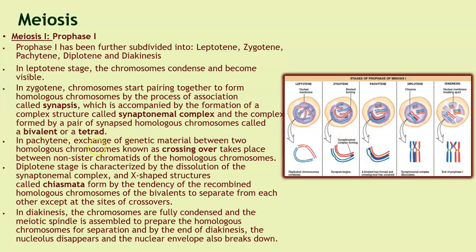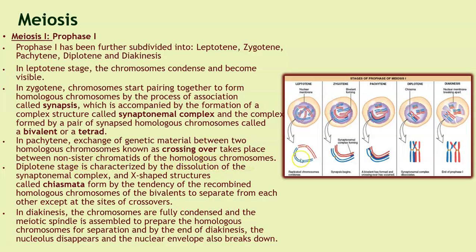In pachytene, there is exchange of genetic material between the 2 homologous chromosomes. Homologous chromosomes are morphologically and structurally identical chromosomes. They exchange their genetic material, and this process is known as crossing over. It takes place between the non-sister chromatids of the homologous chromosomes.